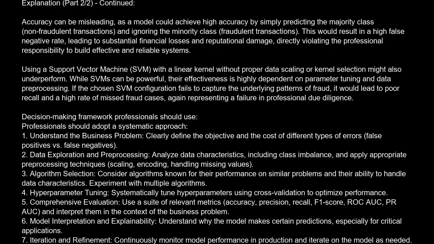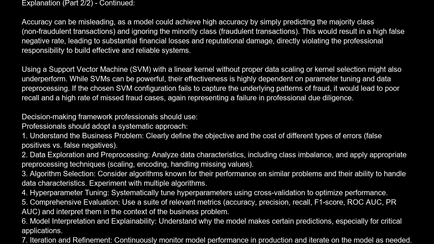Accuracy can be misleading, as a model could achieve high accuracy by simply predicting the majority class, non-fraudulent transactions, and ignoring the minority class, fraudulent transactions. This would result in a high false negative rate, leading to substantial financial losses and reputational damage, directly violating the professional responsibility to build effective and reliable systems.